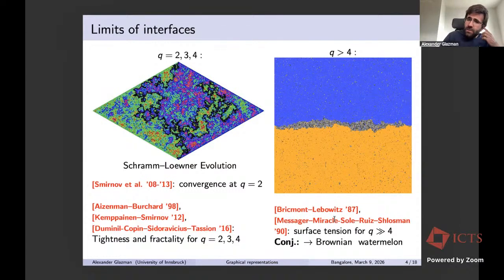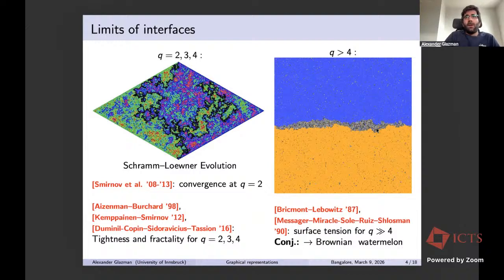So in their works in the 80s and 90s, they were speaking about surface tension, and for very large Q, deriving that the surface tension for the conditions blue versus yellow is twice bigger than for the conditions blue versus free. And then one expects that there in fact will be two Brownian bridges, so there will be a Brownian watermelon.